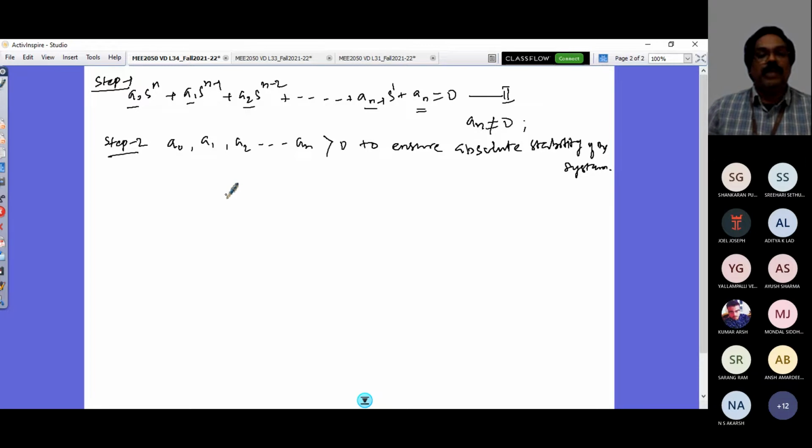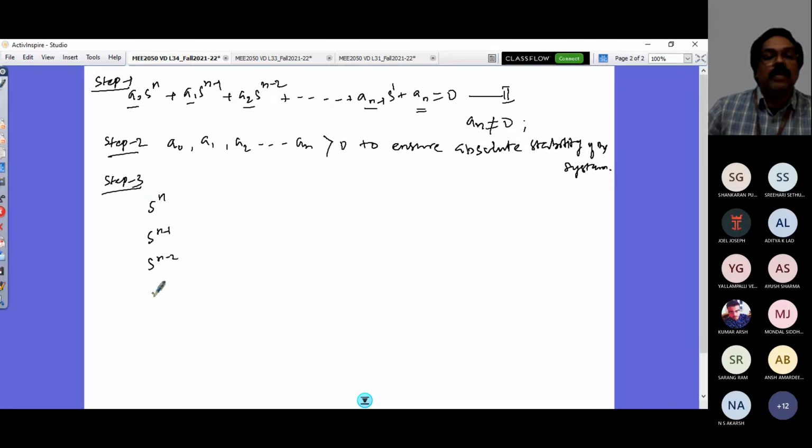But as it is said, it is a necessary condition, not sufficient. For the dependency on parameters, you have to go in for step number 3, where you have to arrange all these coefficients in a particular fashion. Step number 3: arrange these coefficients in the following fashion. So I would have some arrays now. I will have the first column representing the orders s^(n-1), s^(n-2), s^(n-3), s^(n-4), and so on up to s^1, s^0.